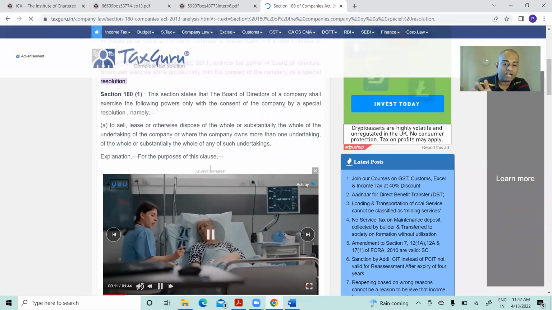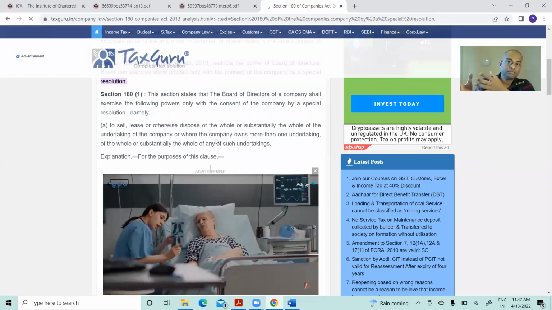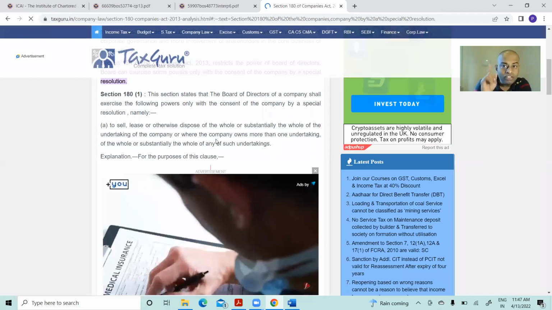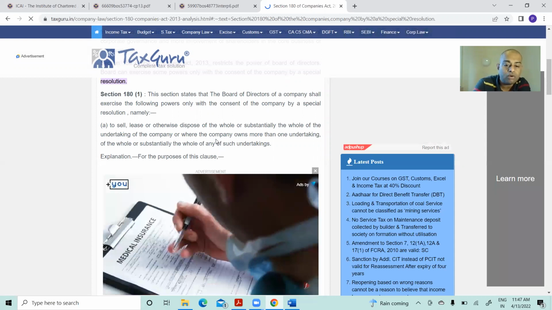So, dear board of directors, you are authorized to borrow money, but there are certain restrictions. A: to sell, lease, or otherwise dispose of the whole or substantially the whole of the undertaking of the company. Like if you have a division, you cannot sell off the division without shareholders' approval. You need to take a special resolution from shareholders.